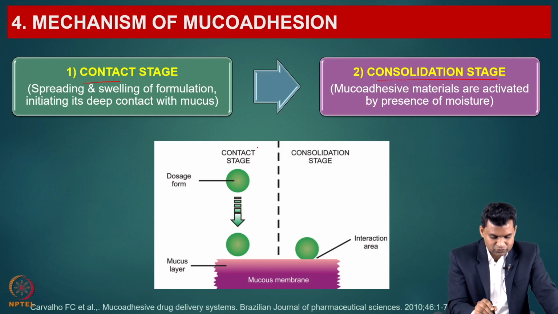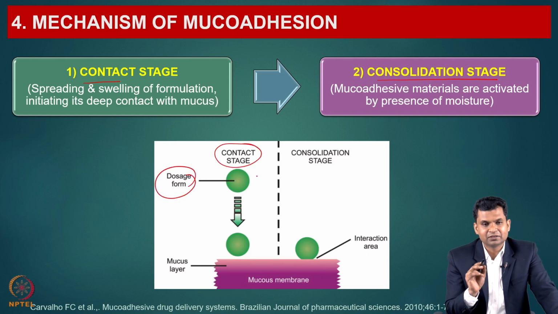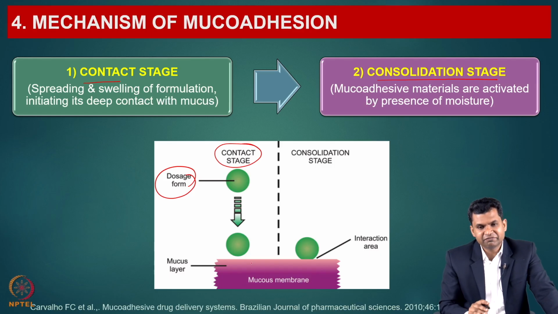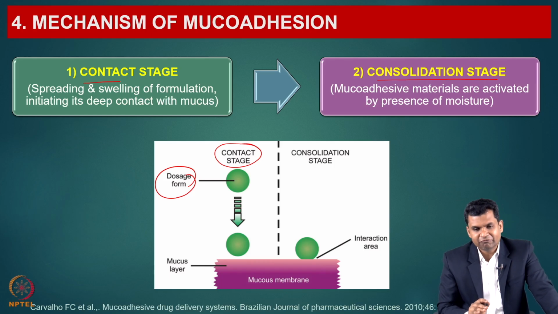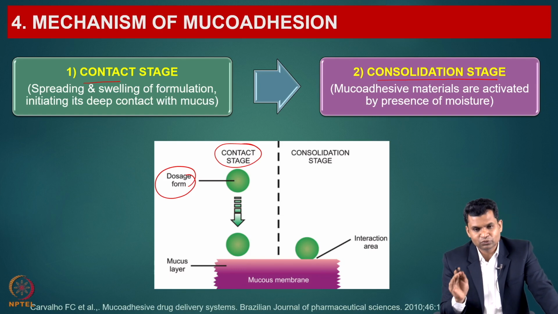So, this is the contact stage. You can see here, this is a dosage form, it may be a solid dosage form, right. After administration, it adheres to the mucous membrane at different sites, whether the route is oral, buccal, vaginal, rectal, nasal, ocular, any type of route. What happens at the first stage is the contact stage, whatever your route of administration.